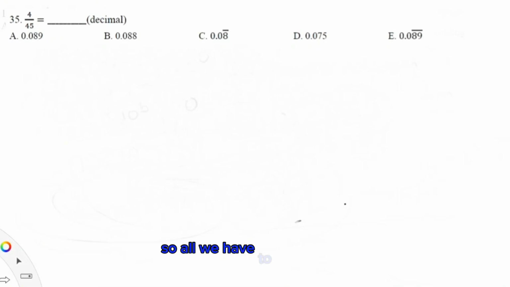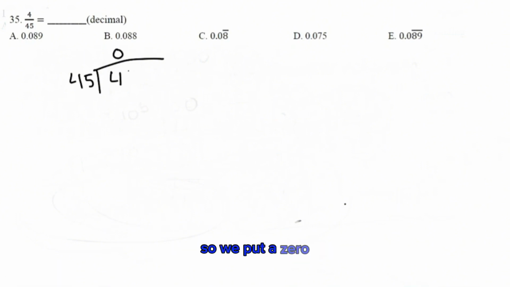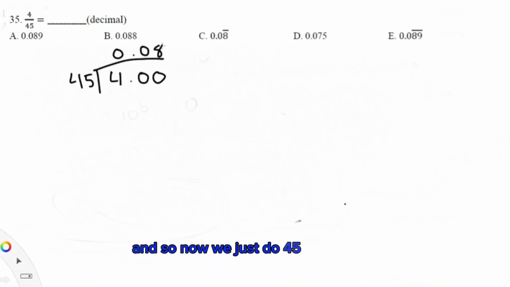So all we have to do is 4 divided by 45, which is pretty simple. 45 does not go into 4, so we put a 0. Next, we bring out the decimals, so 4.0. 45 still doesn't go into 40, so we make it 0.0. Next, 400. 45 goes into 400 8 times, so we do 45 times 8, which is 360.